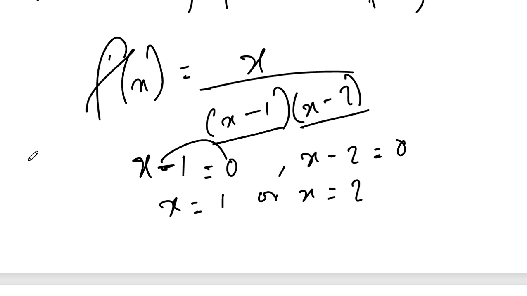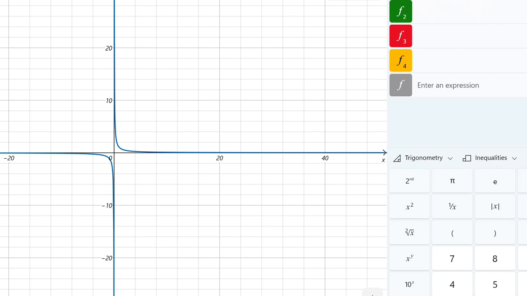And if we visualize the graph of x over x minus 1 into x minus 2, that's the curve given.